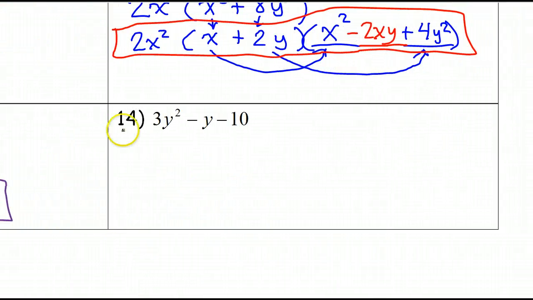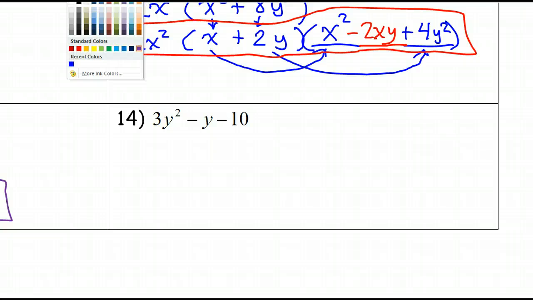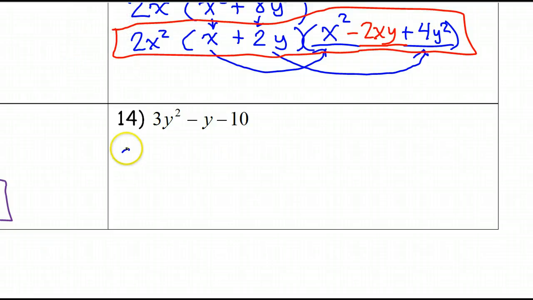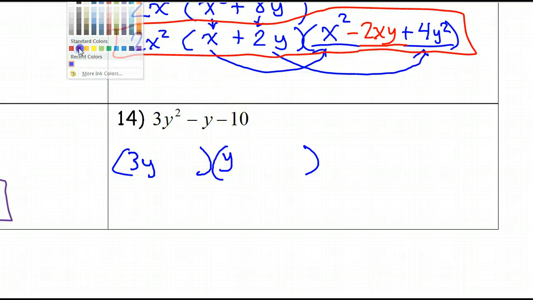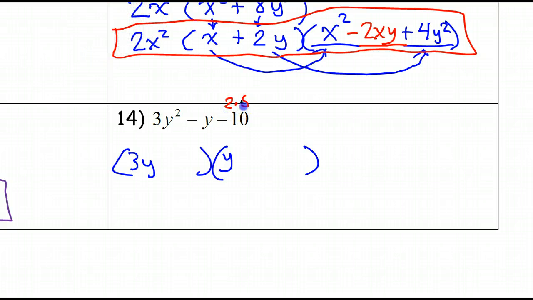Okay, last one. No GCF. So this is just going to be a relatively straightforward binomial problem. So it'll be 3y times y. Then 10 is either going to be 2 times 5 or 1 times 10.